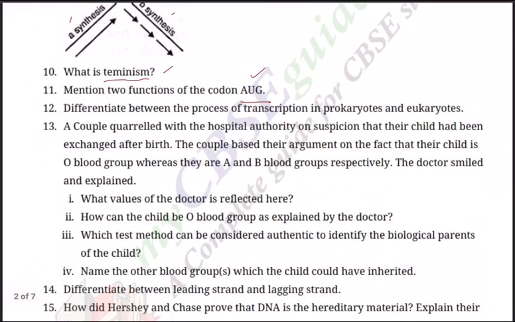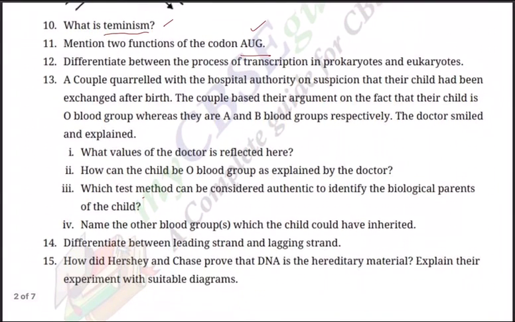The doctor smiled and explained. 1. What values of the doctor are reflected here? 2. How can the child be O blood group as explained by the doctor? 3. Which test method can be considered authentic to identify the biological parents of the child? 4. Name the other blood groups which the child could have inherited.